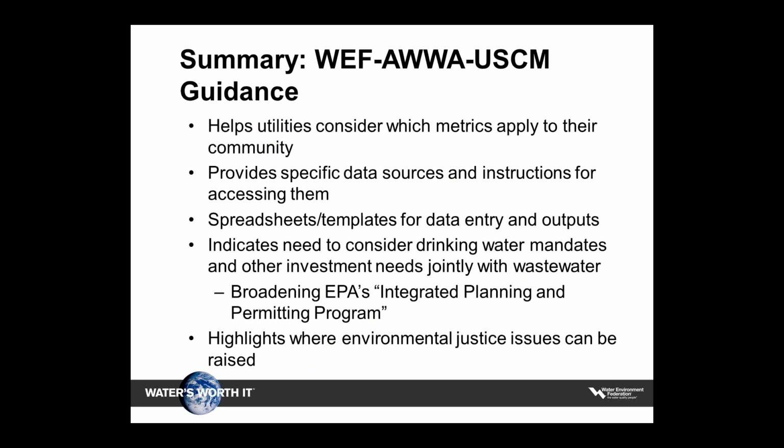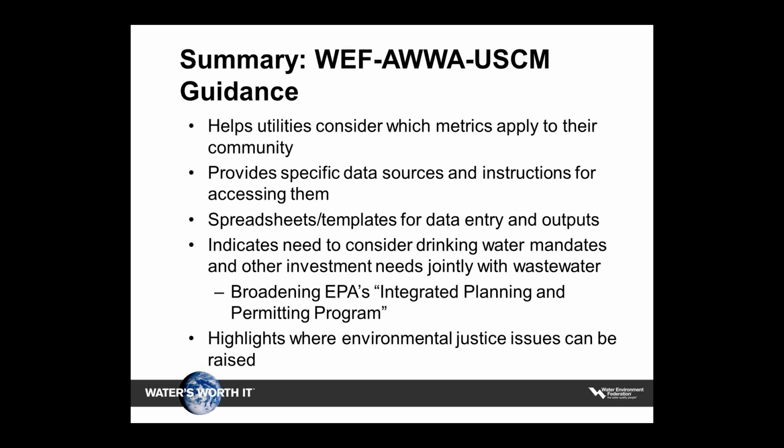So in summary, we have developed this guidance with WEF, AWWA, and the Conference of Mayors. It helps utilities consider which metrics to apply to their community, going above and beyond the ones that EPA specifies, and provides the specific data sources and instructions for how you can access them. It offers spreadsheets and templates so you can put your data in and generate outputs.